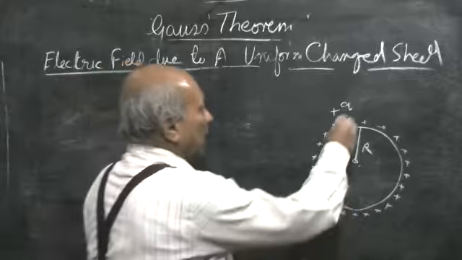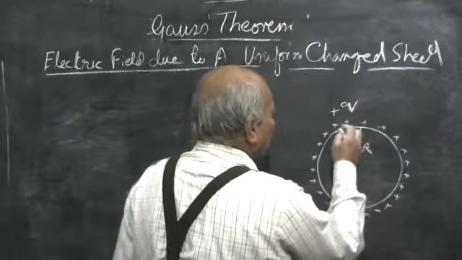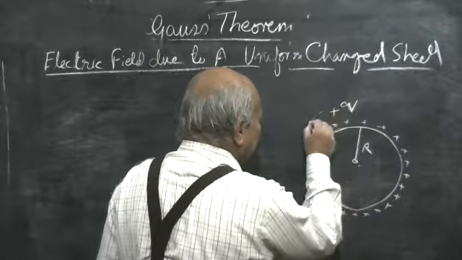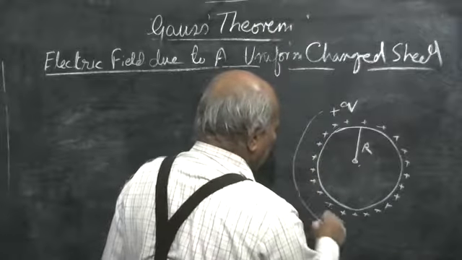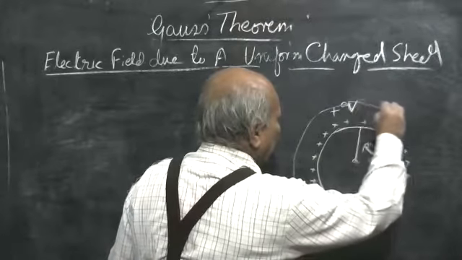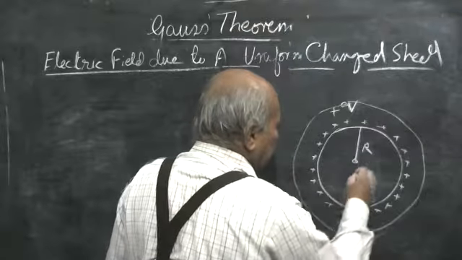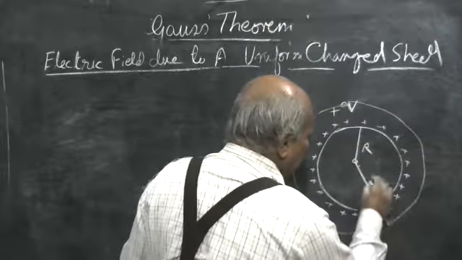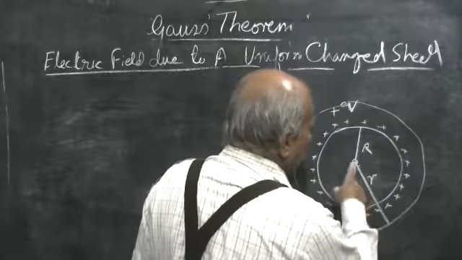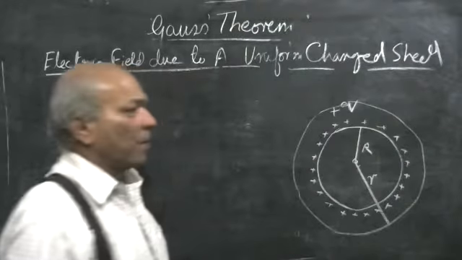Now, assuming a Gaussian surface, this is the Gaussian surface whose radius is small r.